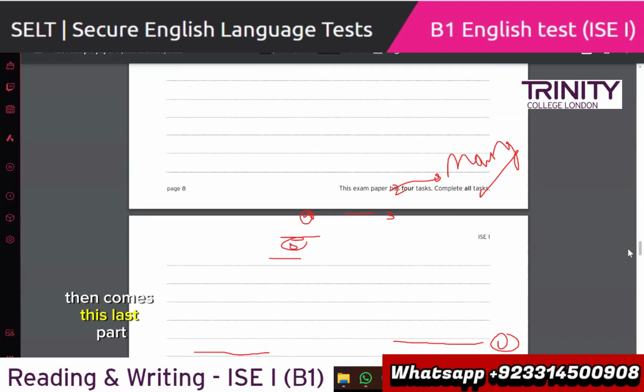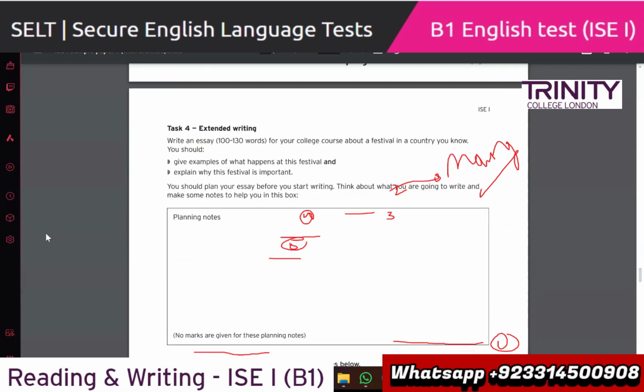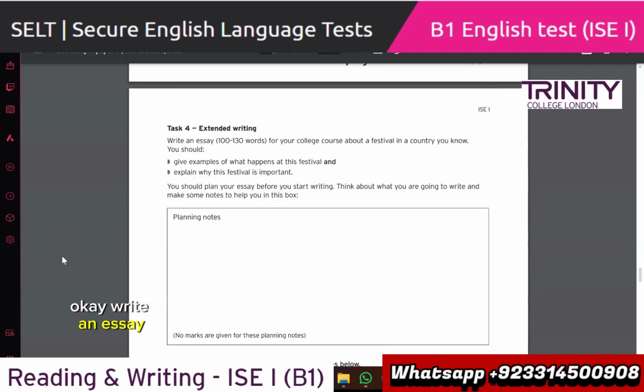Then comes this last part. Read it. Write an essay of 100 to 130 words for your college course about a festival in a country. You should give examples of what happened at this festival and explain why this festival is important. You should plan this essay before you start writing.